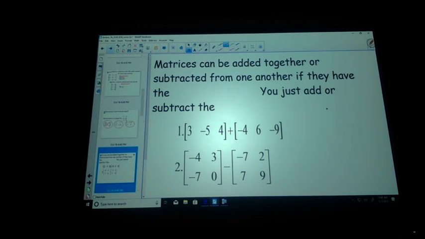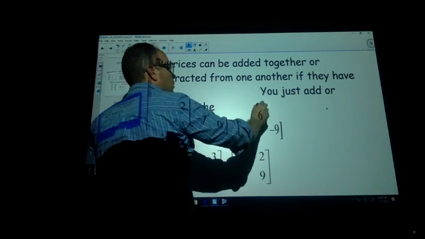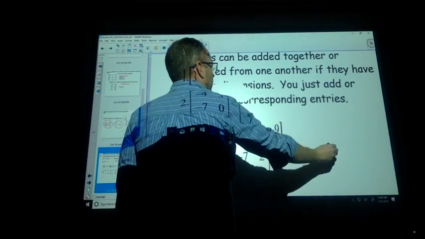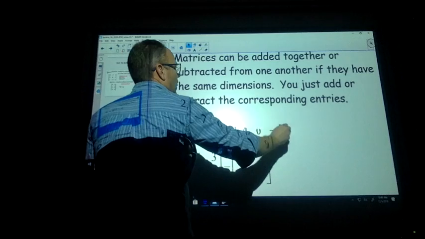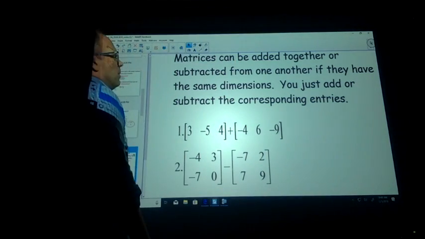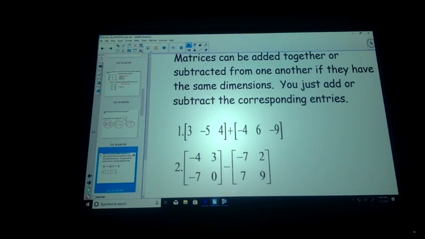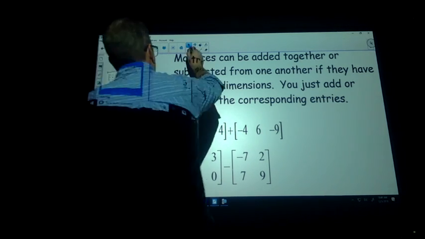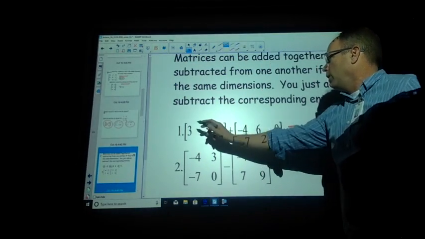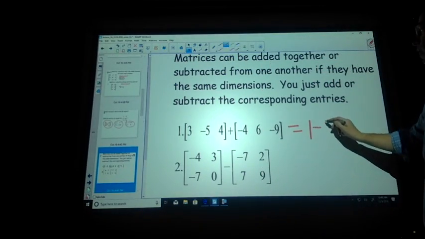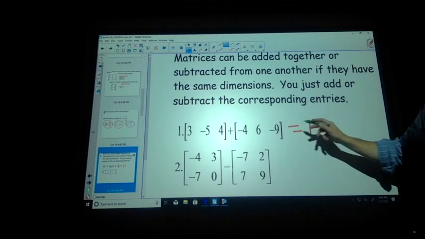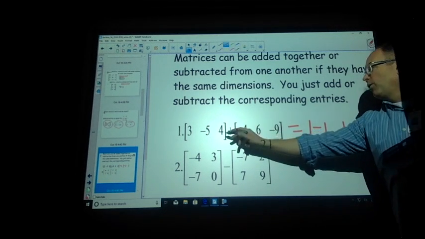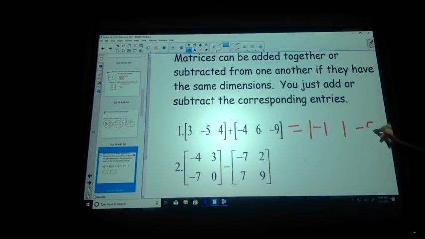So when we subtract matrices, I think I have stuff I can move here. Yes, I do. I can move that out of the way. And it says matrices can be added together or subtracted from one another if you have the same dimensions. So if I needed to add this one together, I'm going to go 3 plus -4 is -1. -5 plus 6 is 1. 4 plus -9 is -5.